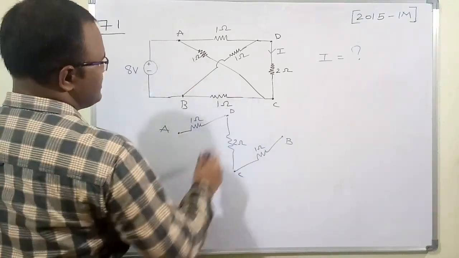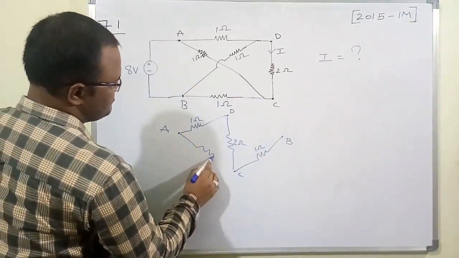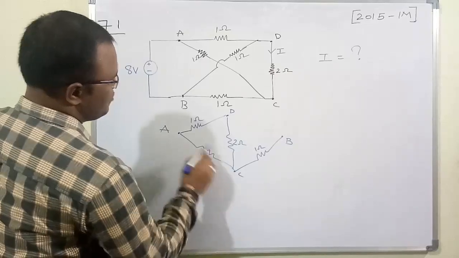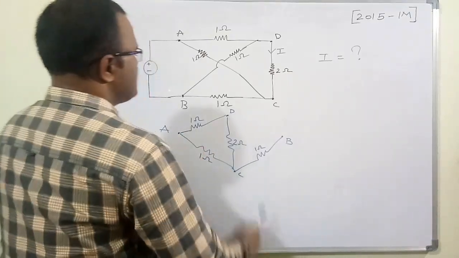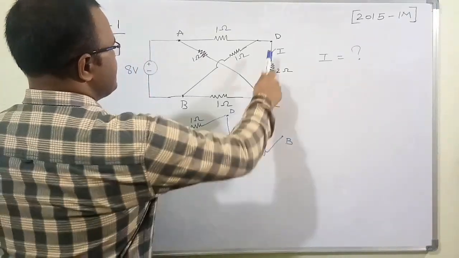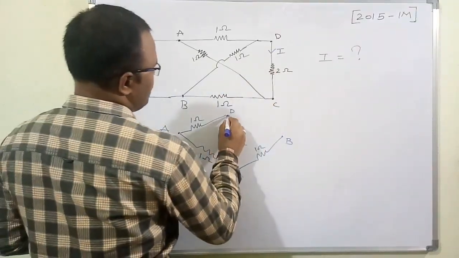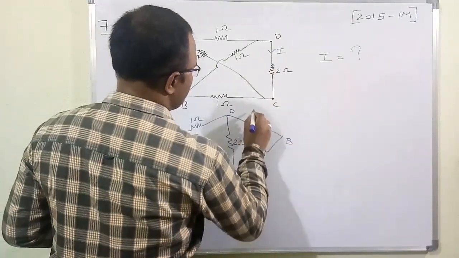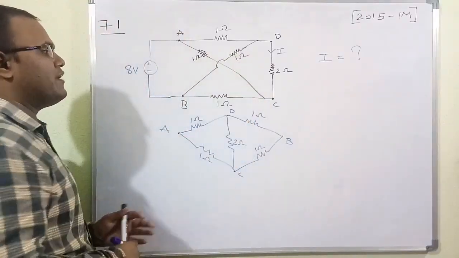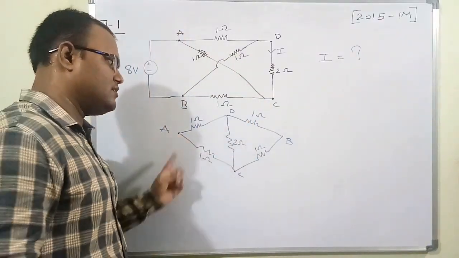And the remaining one is D to B, which has a resistance of 1 ohm. So there are actually 5 resistors connected.